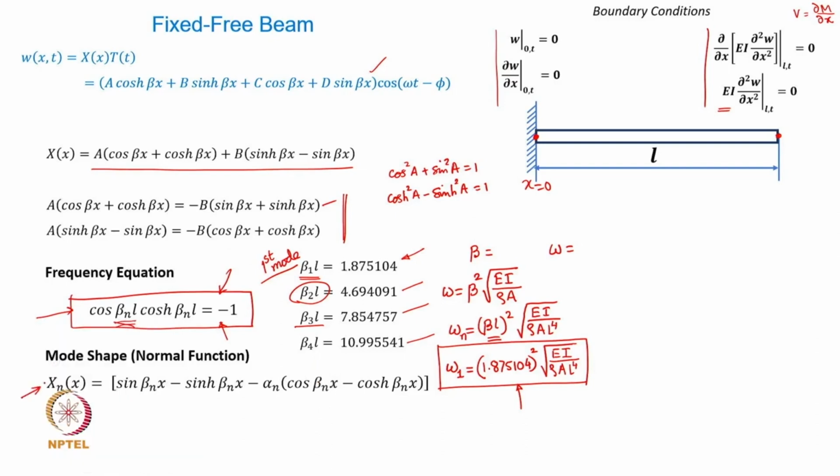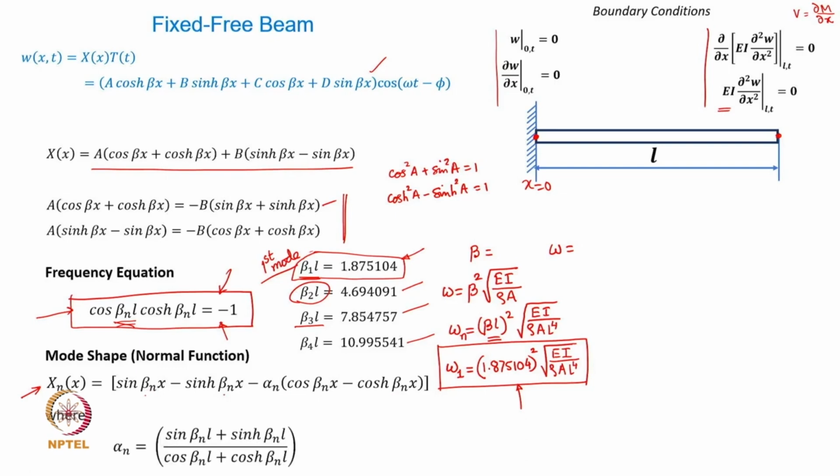The nth mode shape X_n(x) will be given by this, where you will substitute for beta n based on whether you want the mode shape for the first mode, then beta n will be beta 1, and then appropriately that value has to be substituted for all these beta n in this expression.